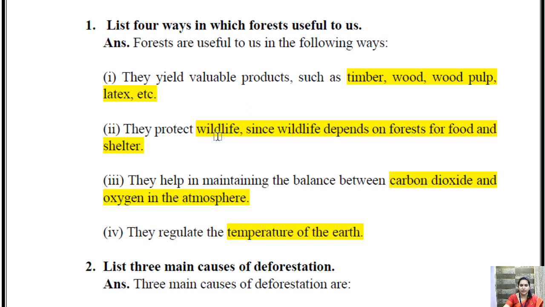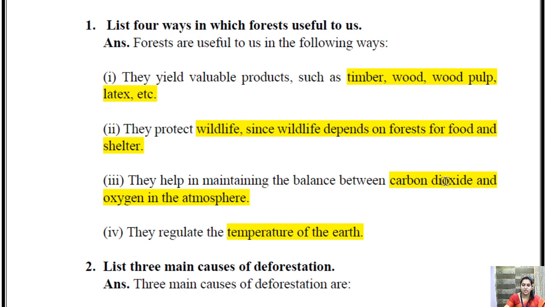Definitely they protect the wildlife there, because the forests are their habitat. The habitat of wildlife are forest. So they live there, survive there, they have a shelter there and they nurture there. Alright, so this is the second way or the second use of forest.